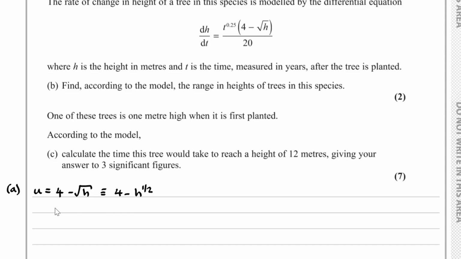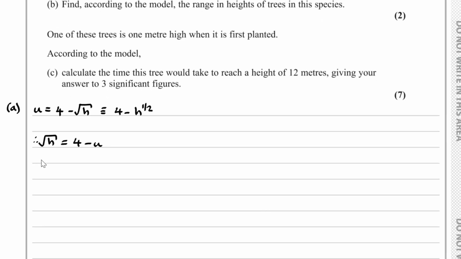Okay, and from here we can state that the square root of h is equal to 4 minus u, and therefore du over dh is equal to minus 1/2 lots of h to the minus 1/2, which is the same as minus 1 over 2 root h.